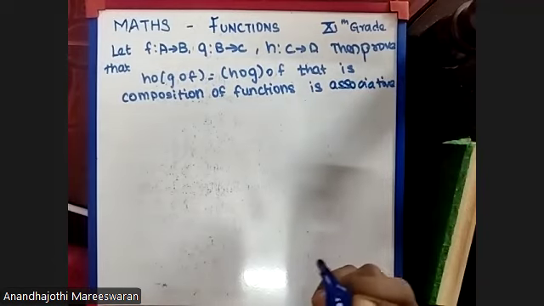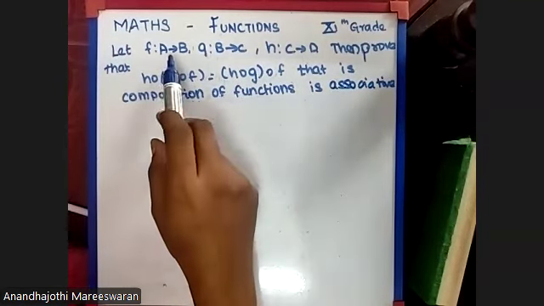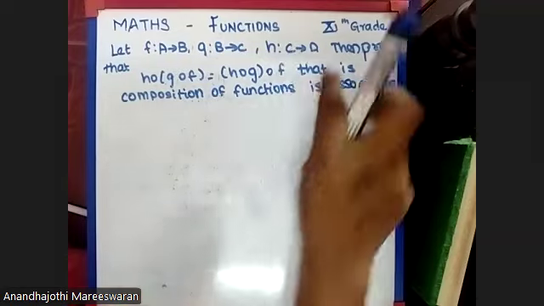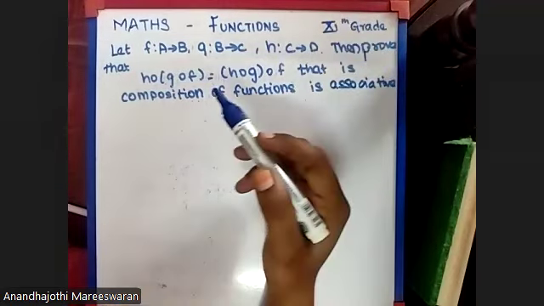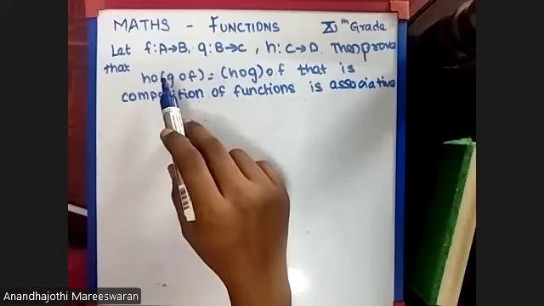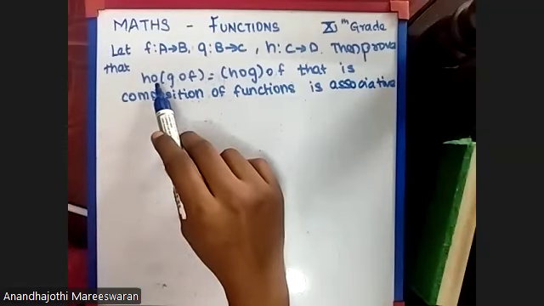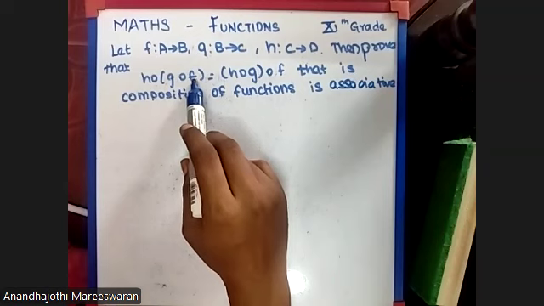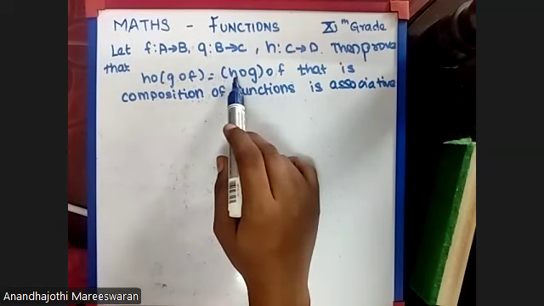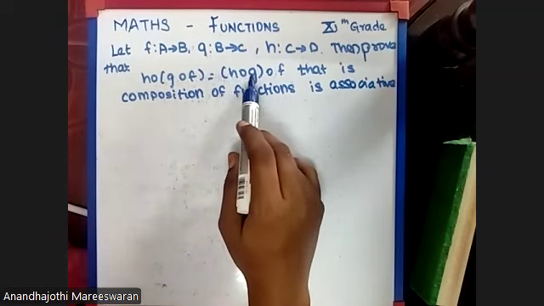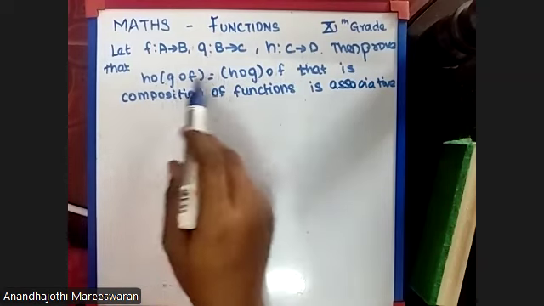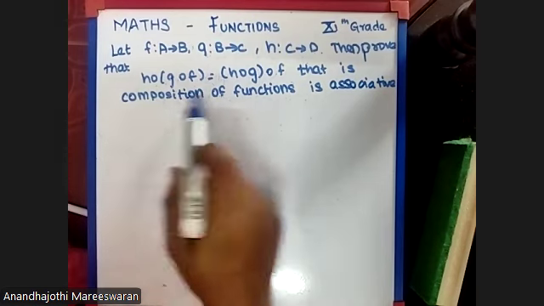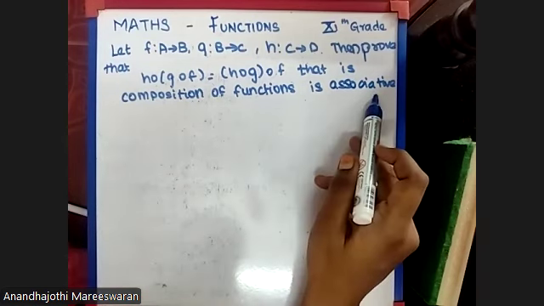Okay. What is given? They have given three different functions, right? And they ask us to prove H circle (G circle F) equals (H circle G) circle F. They ask us to prove this composition of functions is associative, right?